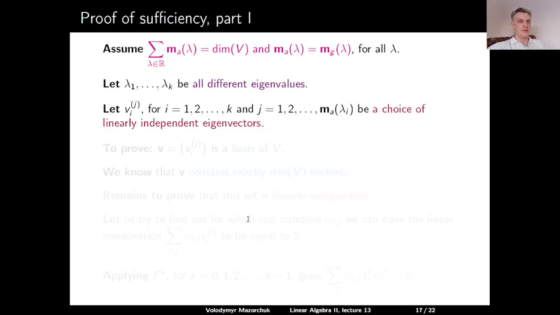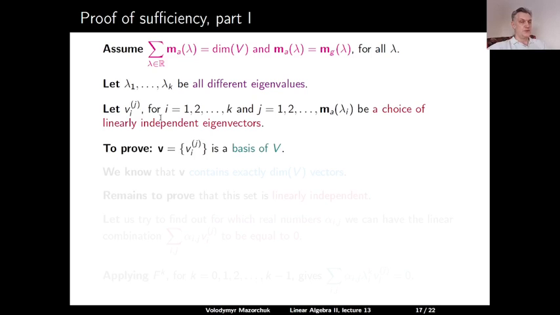For each i between 1 and k, let v_i^j be a choice of linearly independent eigenvectors. So here j ranges from 1 to the algebraic multiplicity of lambda i. So we know that the algebraic multiplicity is equal to the geometric multiplicity, so this is well defined.